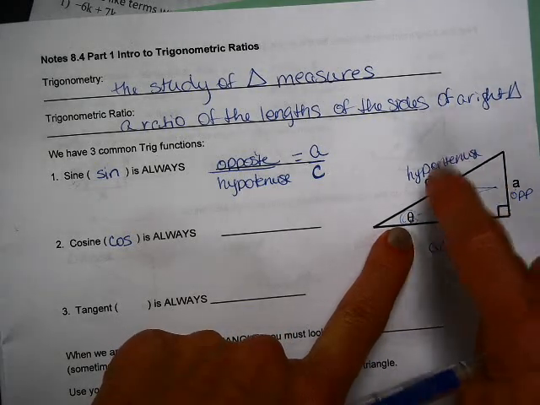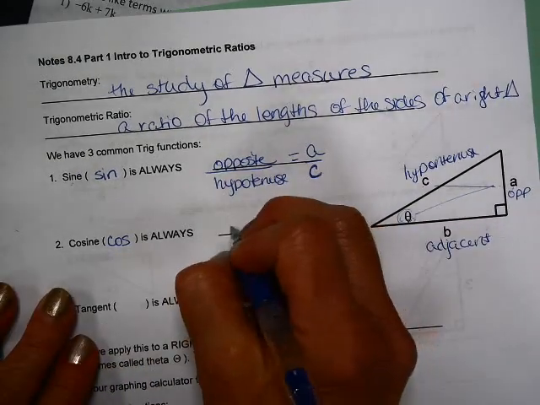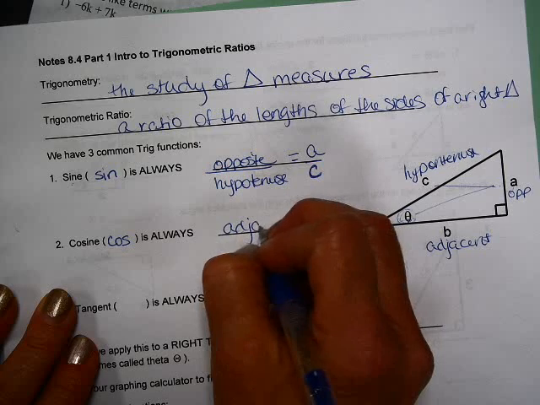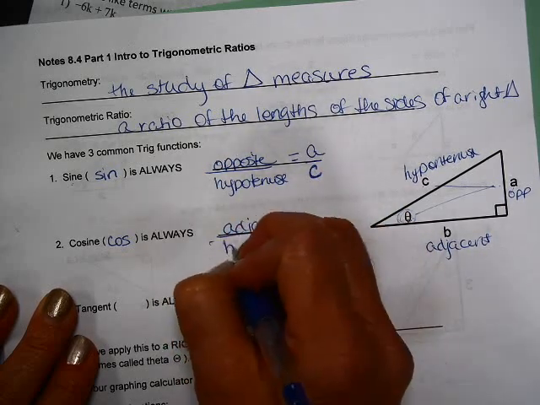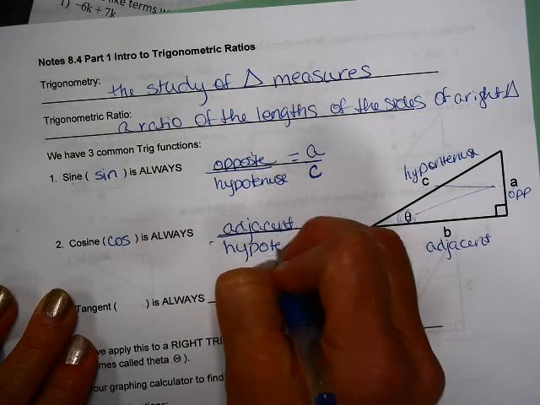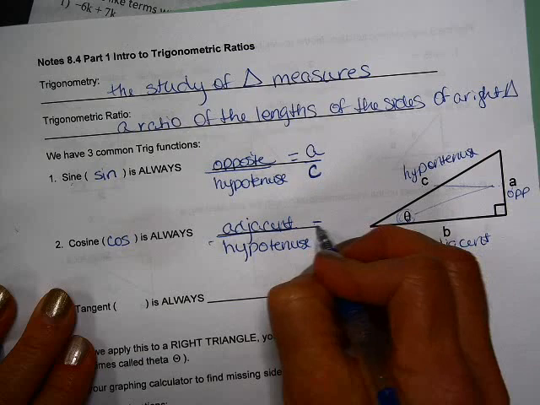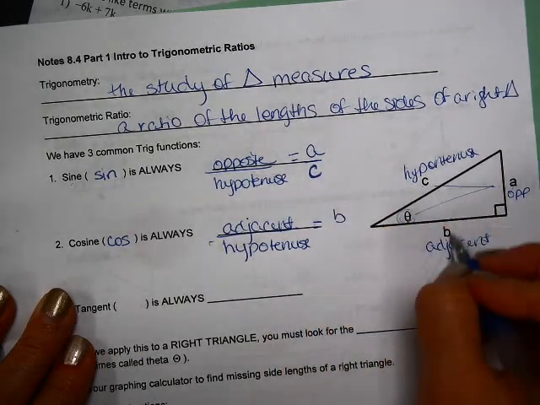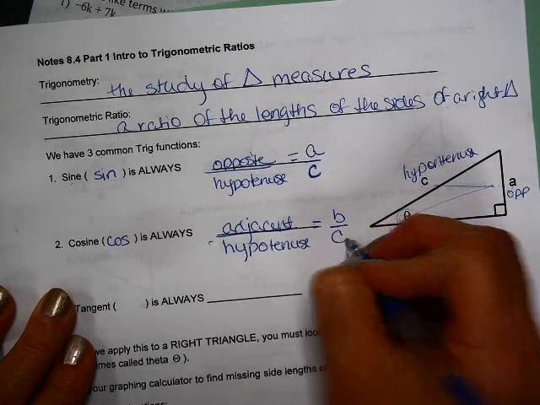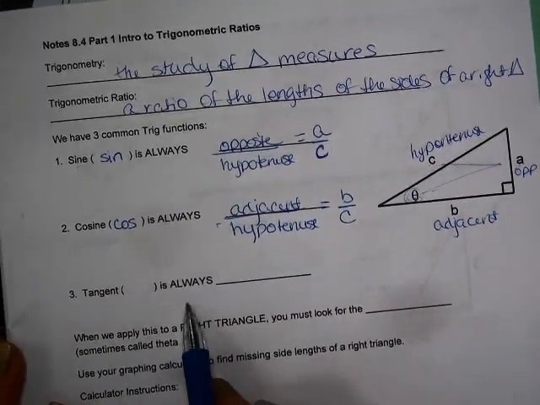Yes, this angle is adjacent to the hypotenuse, it has to be, but the hypotenuse is always called the hypotenuse. Adjacent is a leg. So we've got adjacent over hypotenuse. In this situation, the ratio would be whatever B represented, that number, to C.